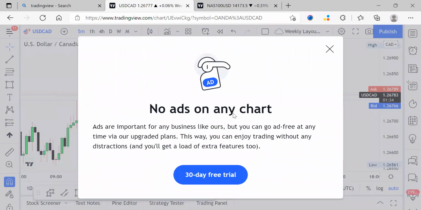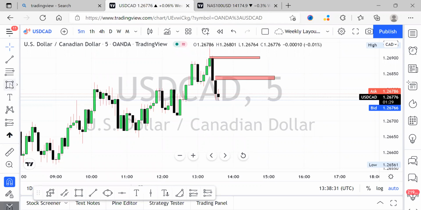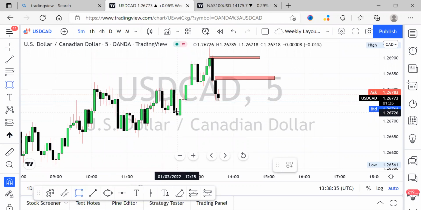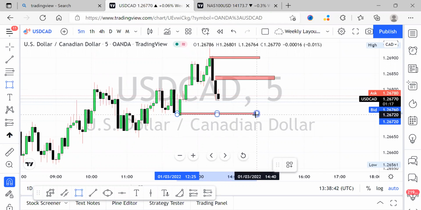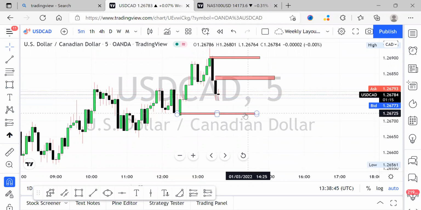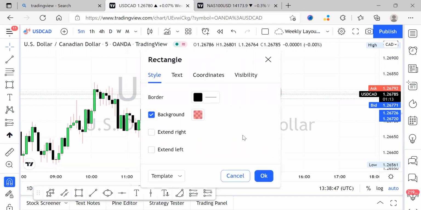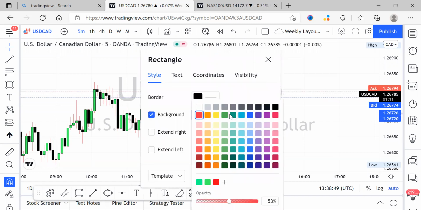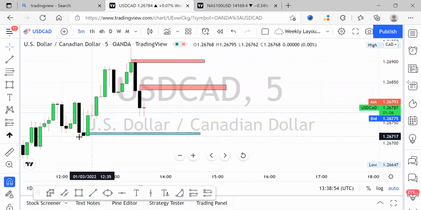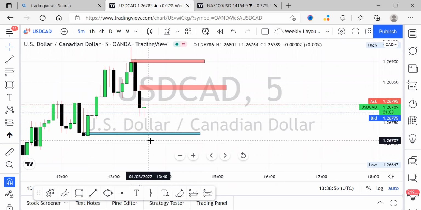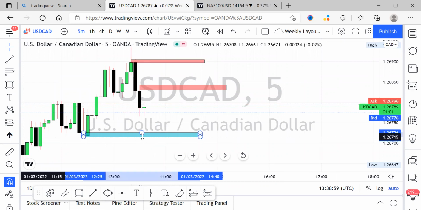If we go a bit further into this, what we need to see is where price is most likely to go towards. Price did not go below here. This one I'm only going to do for the body, because that black body is enough of the region that I need to be interested in, nothing else.